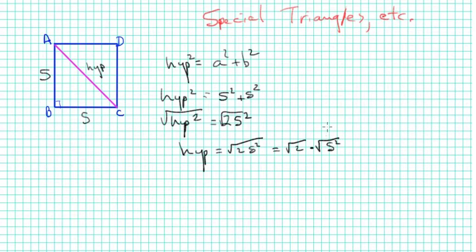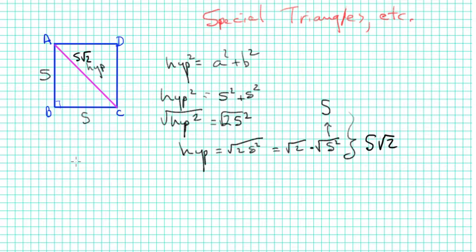And of course the square root of S squared is equal to S. And so we have S times the square root of 2. Okay, so the hypotenuse is equal to S square root of 2.